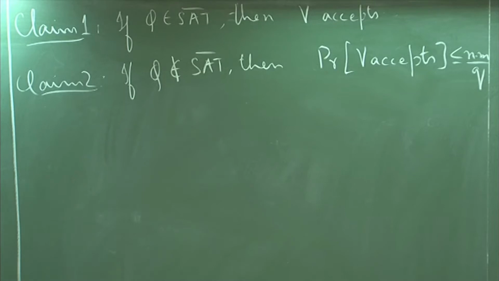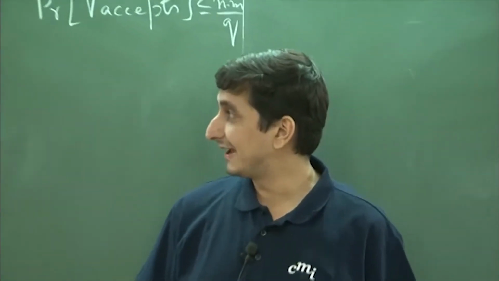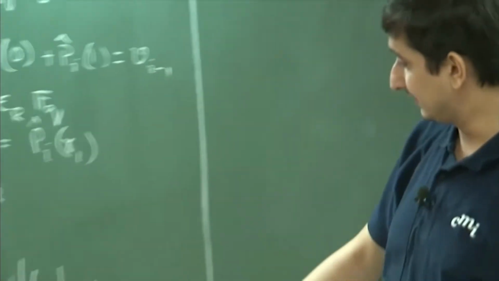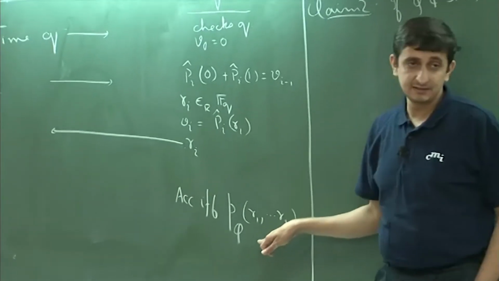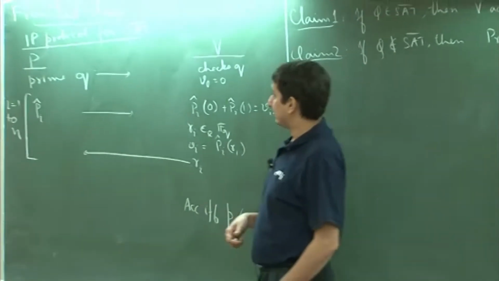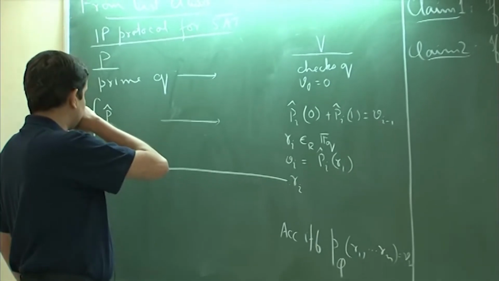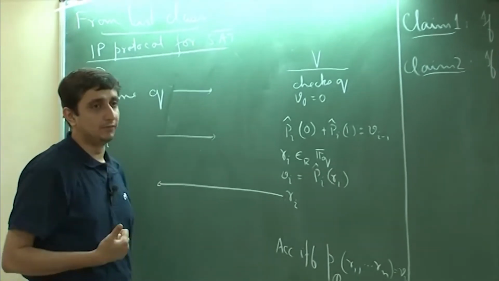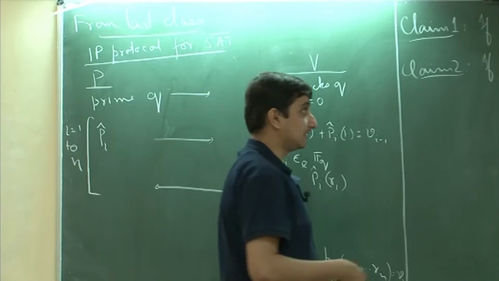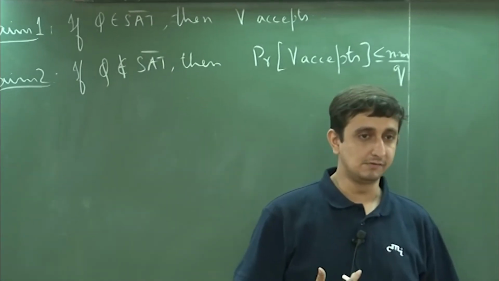Okay. So, some of you had this question last time: why is this final check necessary? In other words, what is the strategy of the prover? Suppose phi is not satisfiable, what is the strategy of the prover?